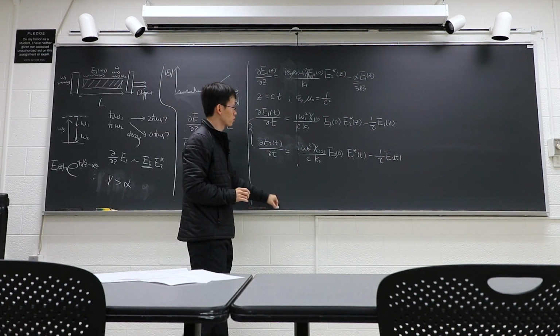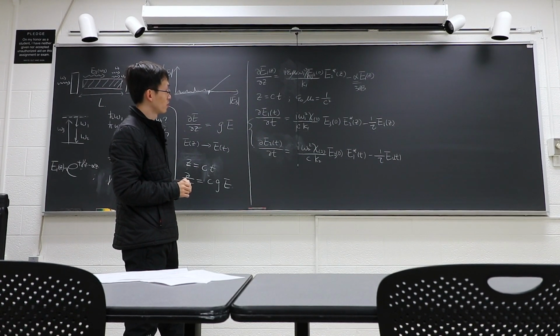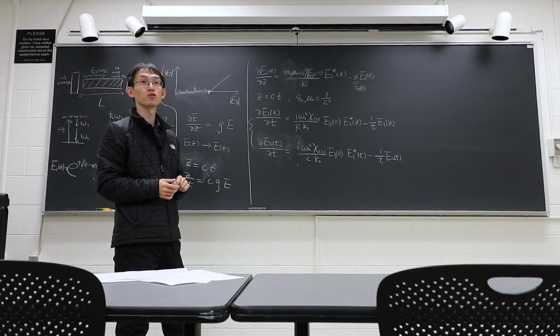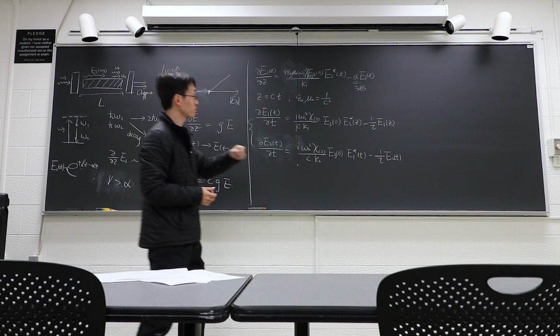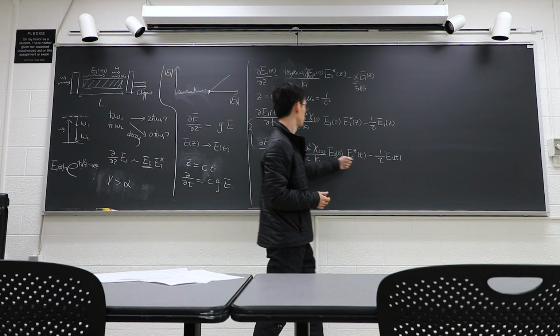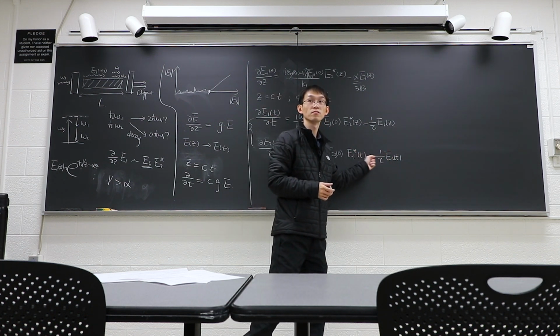First of all, if we're in the classical regime, this equation has a trivial solution. It's 0. You see here, E1, E2, there's a trivial solution here, 0.